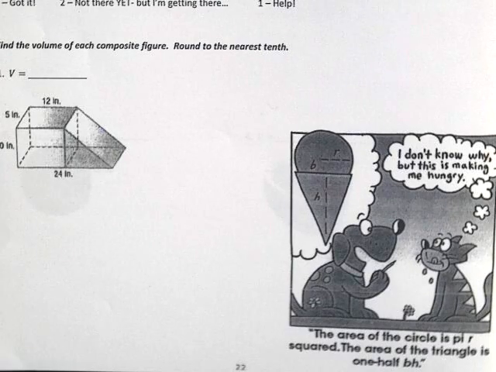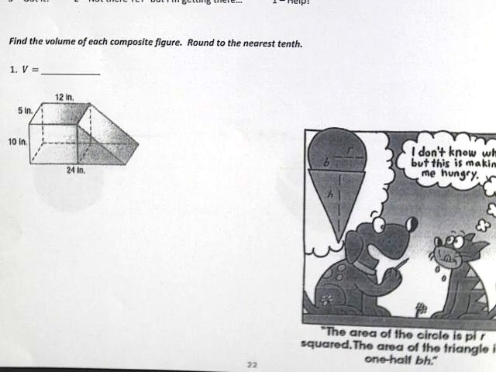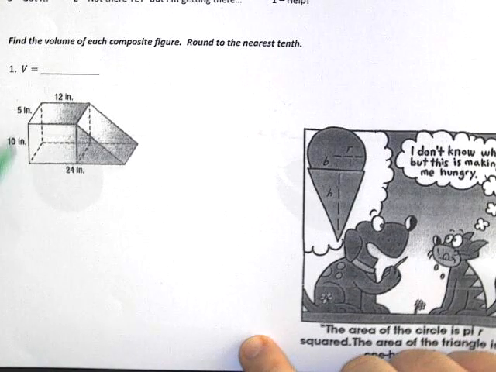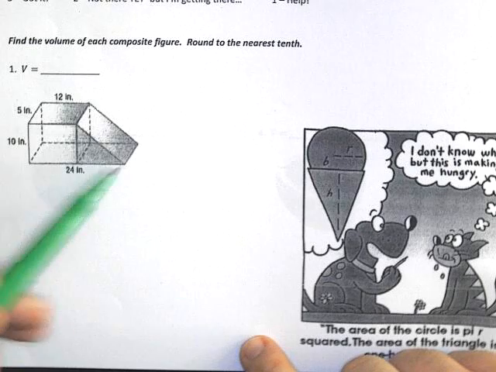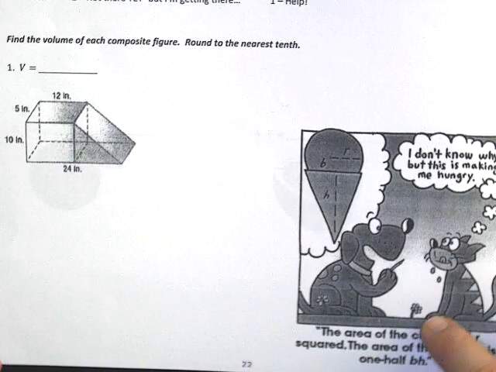So let's take a look at this first example at the bottom of page 22. When I first look at this picture, I would actually say that this is just a trapezoidal prism, and you could calculate the area of this trapezoid and multiply it by the height to get the volume.